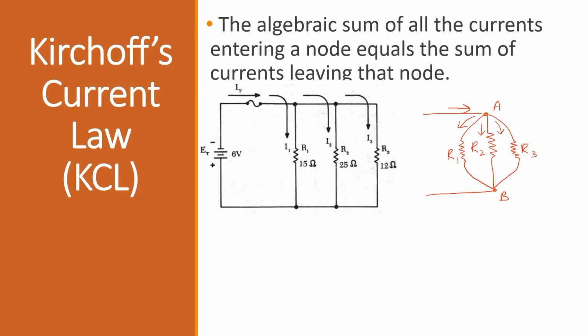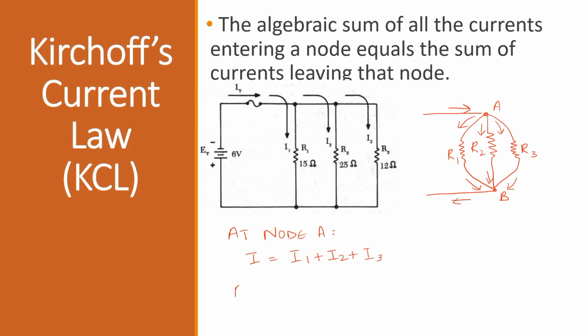So we can write here at node A, I is equal to I1 plus I2 plus I3. Now look at node B. Here three currents are coming and one current is leaving.